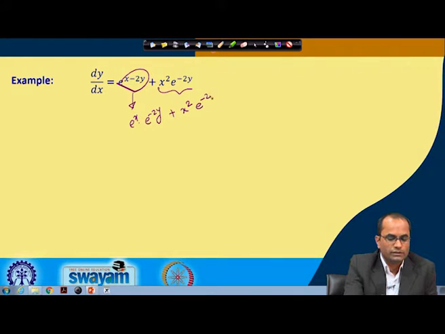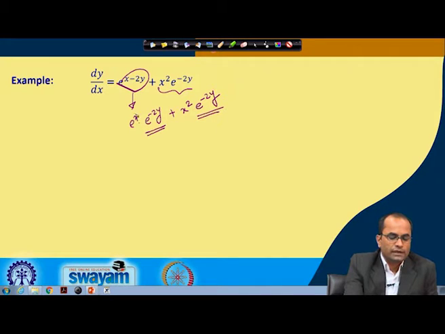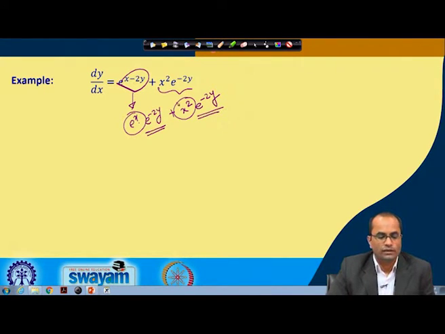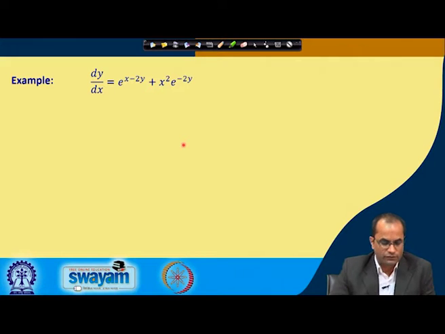So, e power minus 2y we can take as common and move to the other side, and the remaining side will be e power x plus x square. So, this equation is variable separable, which we can easily integrate.